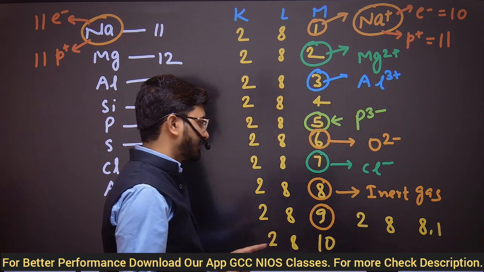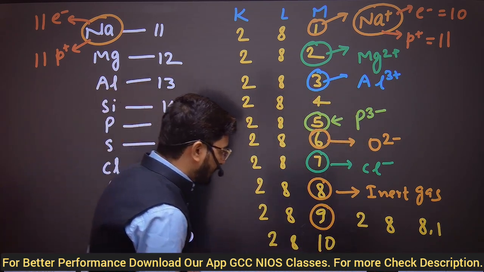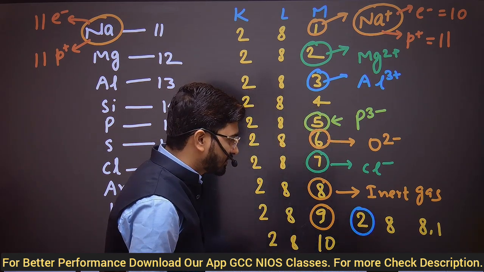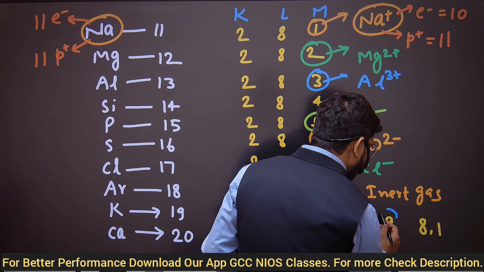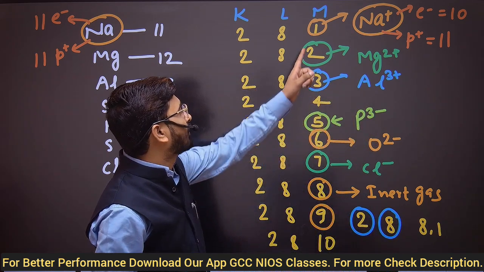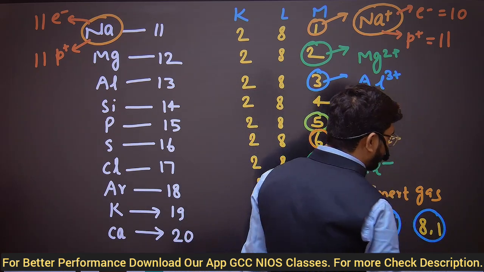Hello, focus here. What am I saying? I'm just talking about this: the K cell having 2 electrons, the L cell having 8 electrons. And now when we talk about the M cell, we have 9 electrons.